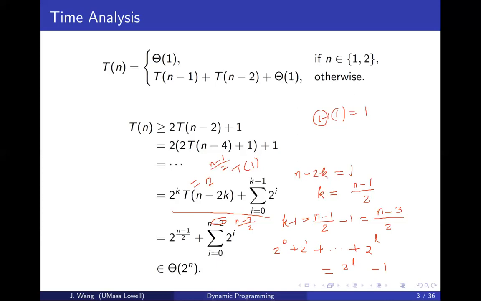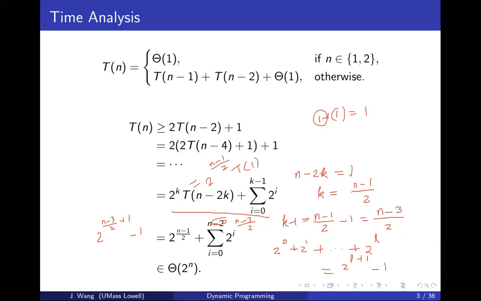So this is L plus 1 minus 1. So then this summation is equal to 2 to the n minus 3 over 2 plus 1 minus 1.